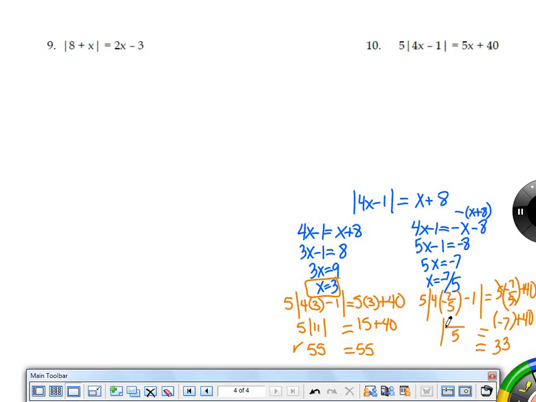And the numerator will be whatever negative 28 minus 5 is, which is negative 33. And that's being multiplied by 5. Here the 5s will cancel. This will have been made positive by the absolute value. So then the final answer on this side would be 33. So that one works too. So this answer is good as well.